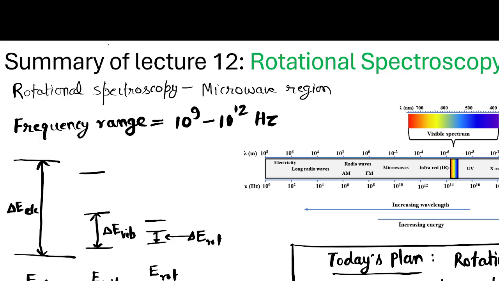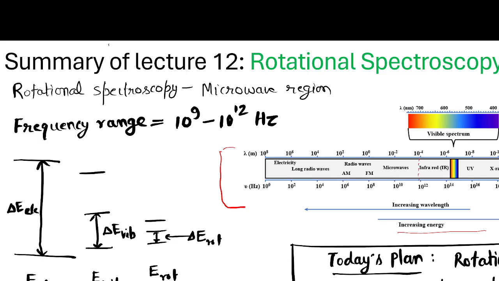So first we will see in what region of the electromagnetic spectrum rotational spectroscopy comes. You can see here, this is the electromagnetic spectrum. Going left, we're plotting increasing wavelength, and this is increasing energy, or we can say frequency. We saw in the lecture note that microwave comes here.